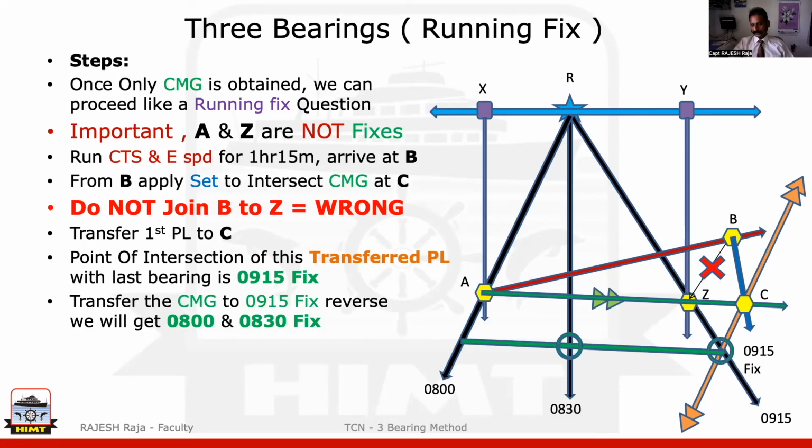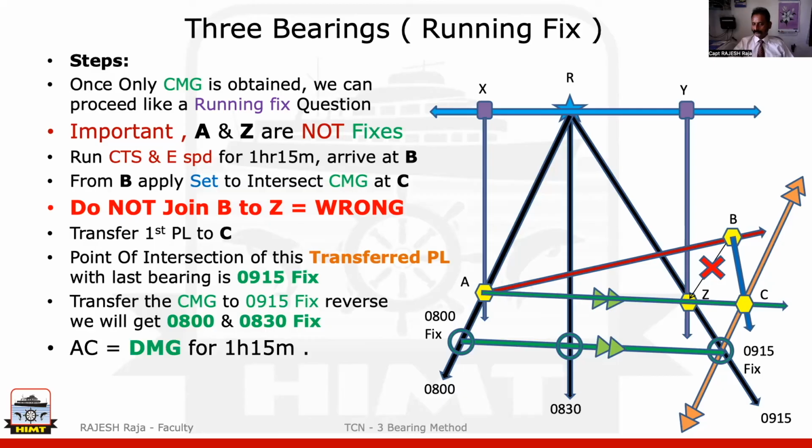So now you can get fix at 8:30 also and fix at 8 o'clock also. And you can see I've marked the double arrow again because this is the real scenario. You were exactly at 8 o'clock fix. You were sailing some other course, but the current was pushing you and made you come to 8:30 fix and then 9:15 fix. Okay. Here I can get one data.